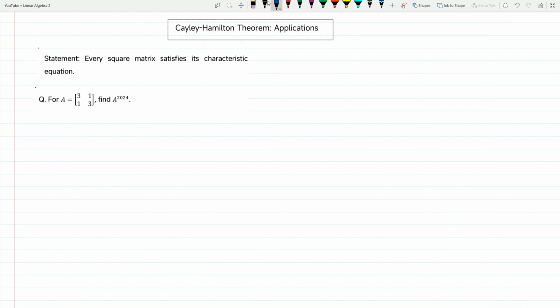Let us first find the characteristic polynomial of A. By theory, the characteristic polynomial of A is given by C(λ) = determinant of (A minus λI).